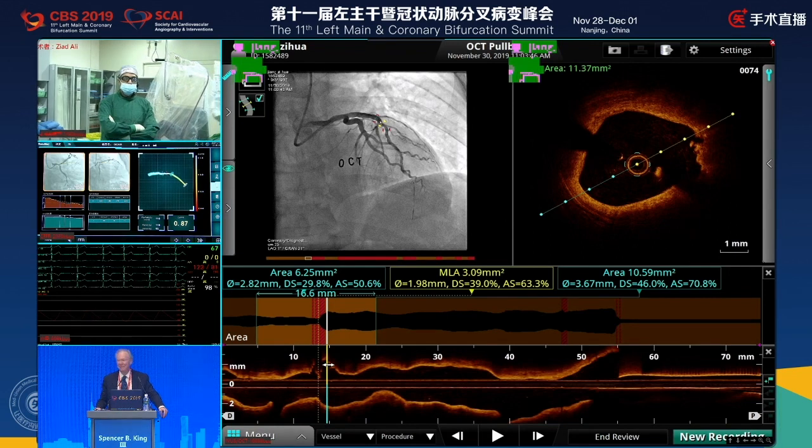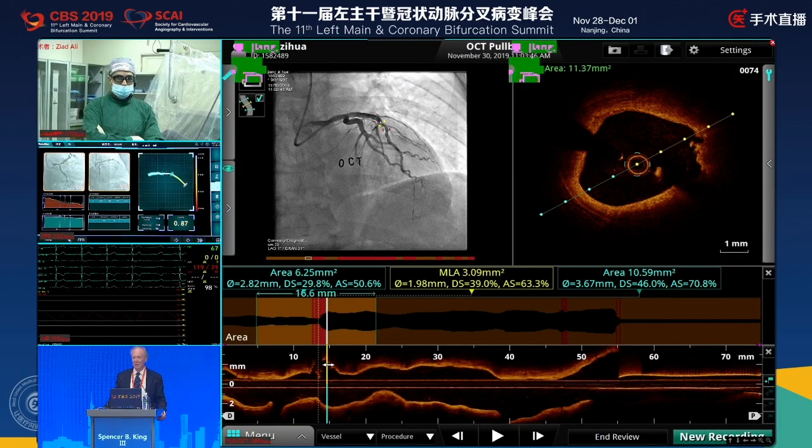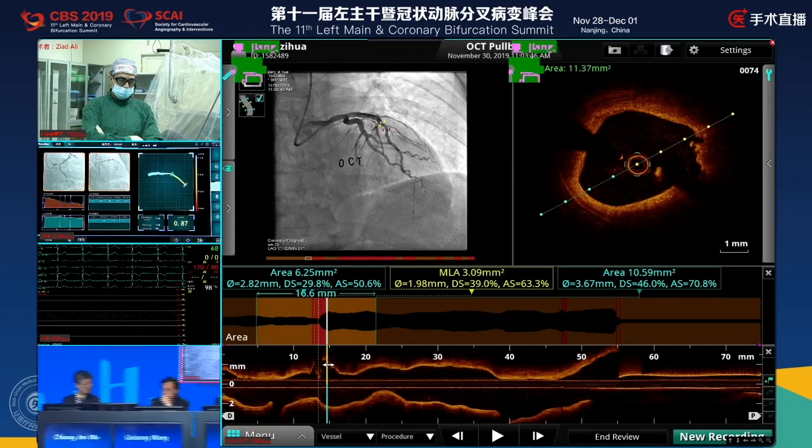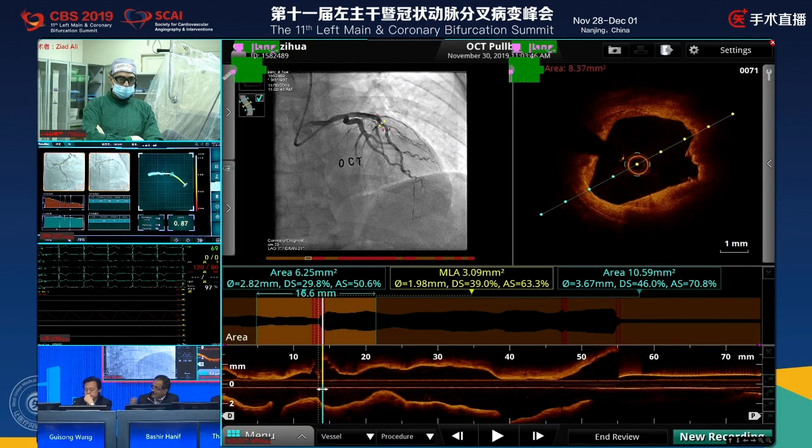So this may very well be a red herring here, just medical therapy. That calcium nodule, when you try to intervene on the septal, could cause a problem to the LAD also, because you will be inflating the balloon into the LAD from the septum.